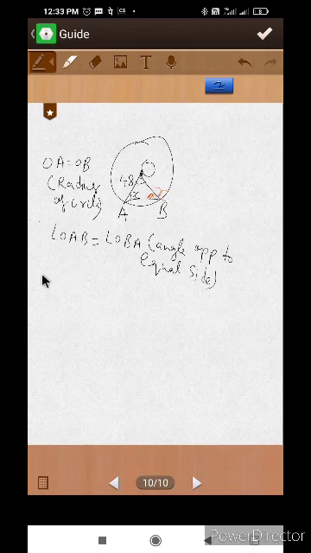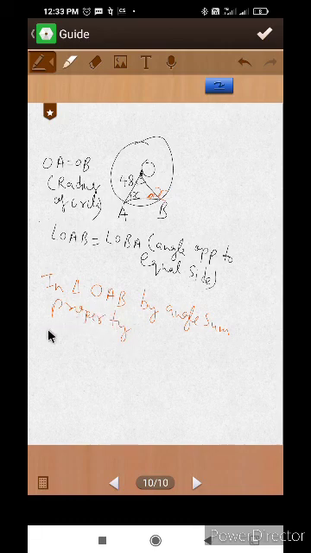Now in triangle OAB, by angle sum property, the sum of the angles is equal to 180 degree.